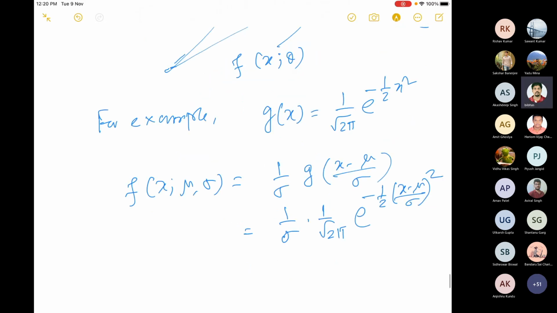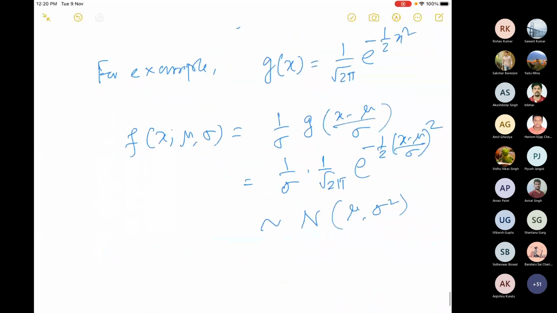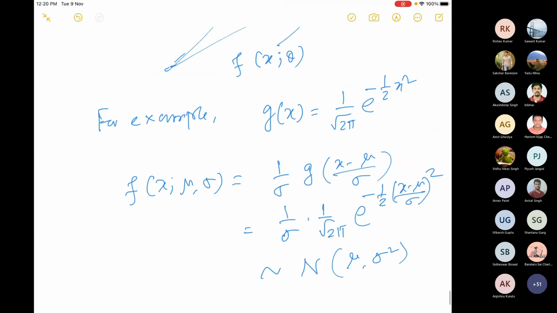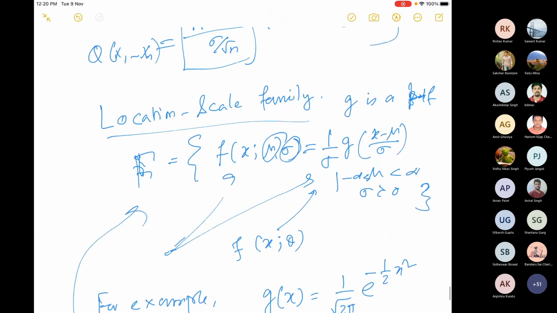This is exactly normal mu, sigma square. That's why I denoted it as mu, sigma, but you could write any constants a and b. So the general normal distribution is a function in this class, the location scale family. There are two parameters: mu is called the location parameter, and sigma is called the scale parameter.